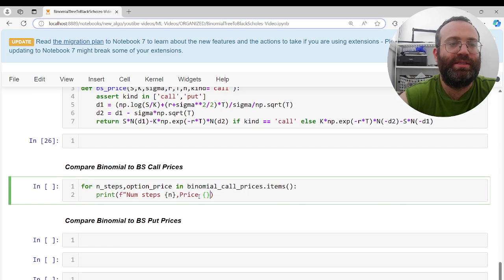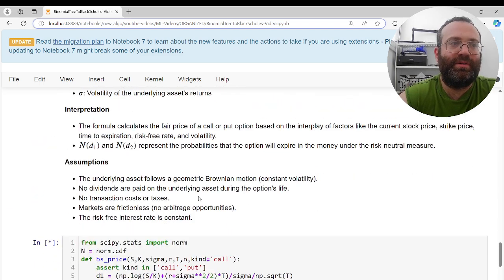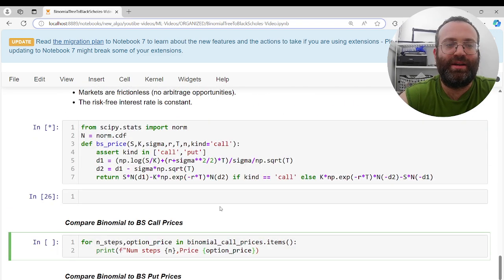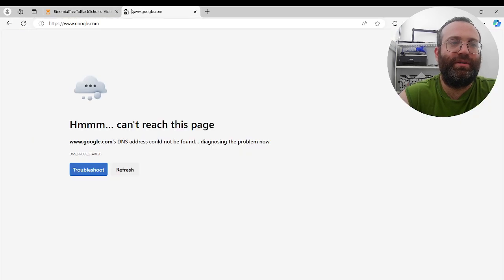We'll have the price be the option price, but let's round it.